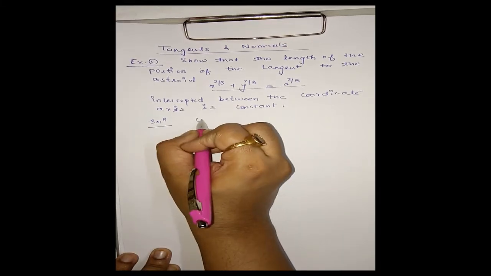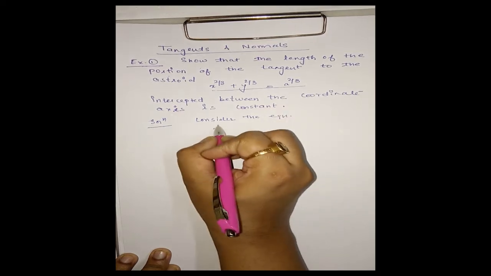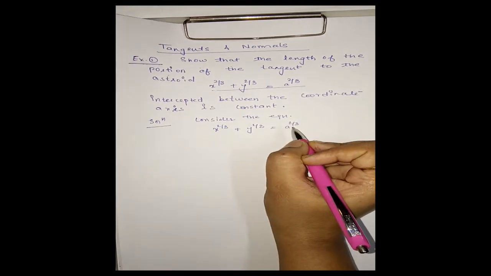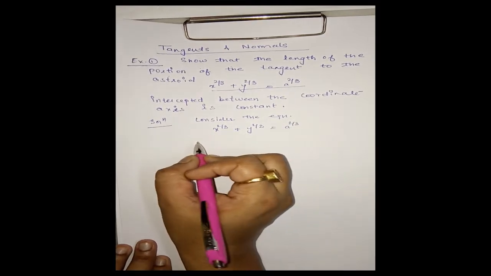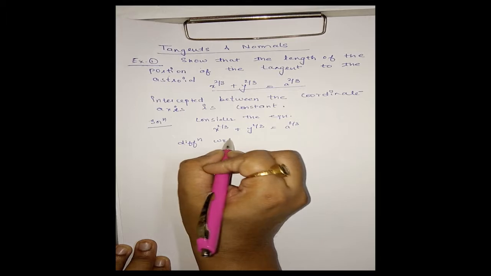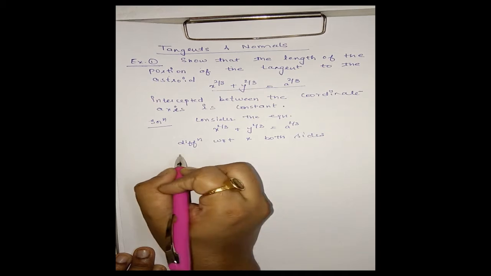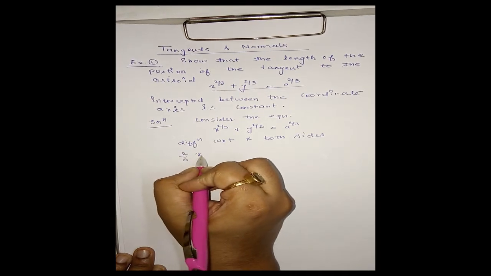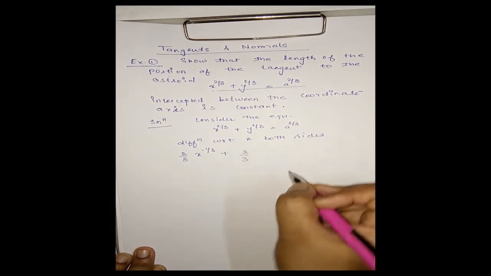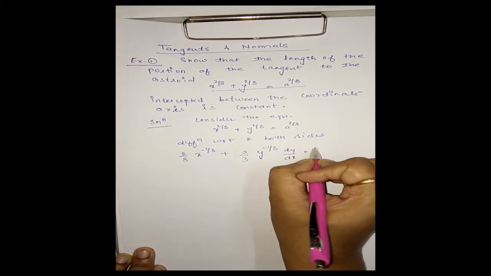Consider the equation x^(2/3) + y^(2/3) = a^(2/3). First we have to find dy by dx. For this, differentiating with respect to x on both sides will give us (2/3) x^(-1/3) + (2/3) y^(-1/3) dy/dx = 0.